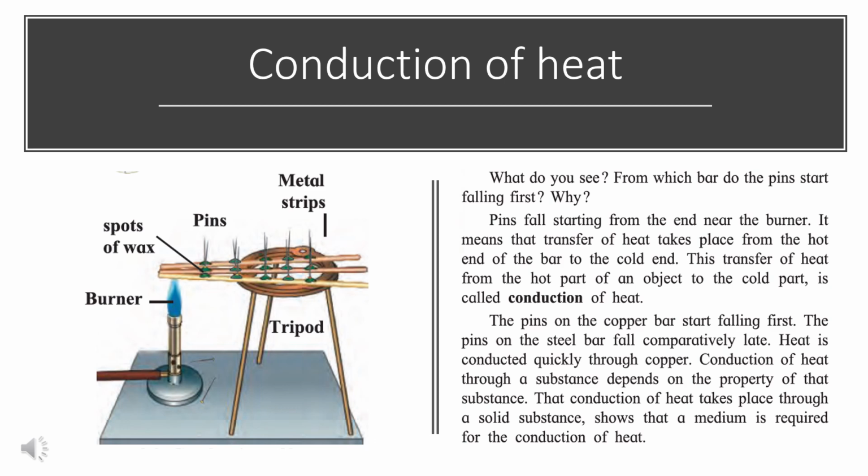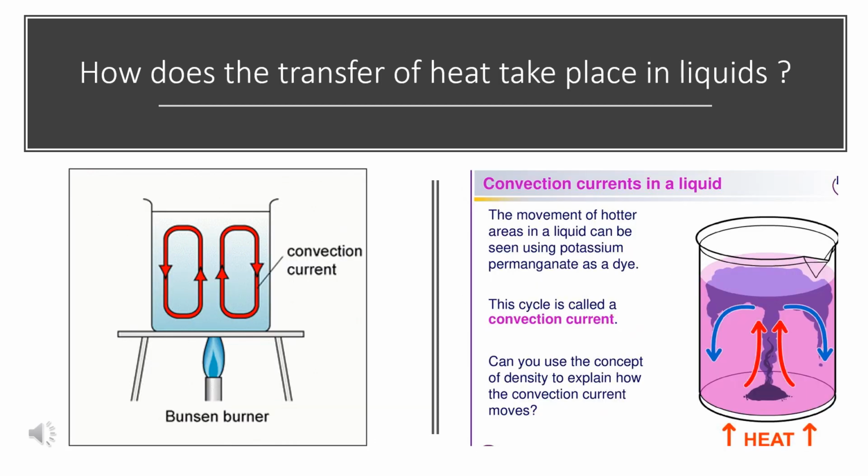Next, let us see how the transfer of heat takes place in liquids. Look at the left hand side picture. The Bunsen burner is heating the liquid in the beaker. Always the liquid at the bottom gets heated first, and then these particles become lighter and start moving to the top of the liquid, or the upper layer, and the upper molecules come down.